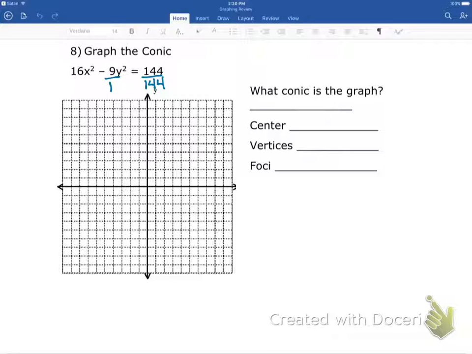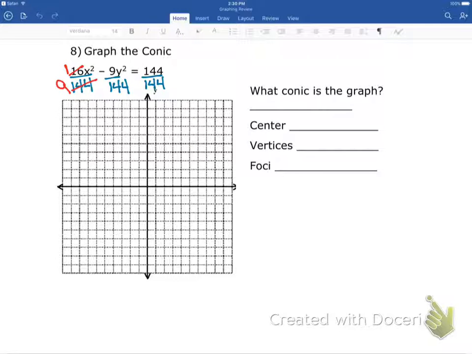When we do that, that enables us to set this equal to 1, and that will give us a better idea of what kind of conic we are dealing with. So when we divide this, we are able to simplify. 16 goes into 16 one time, and it goes into 144 9 times.